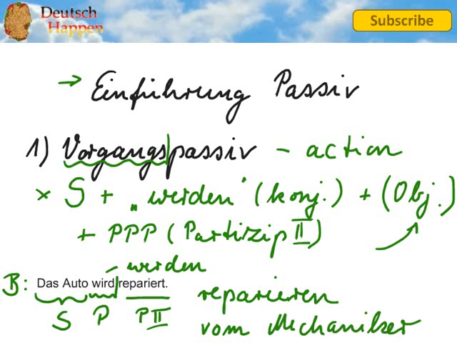Das Auto wird repariert is perfectly fine. Vorgangspassiv, present tense. Or if you want to, you can of course say, das Auto wird vom Mechaniker repariert with an additional dative object. So, let me put it here. DO stands for dative object.